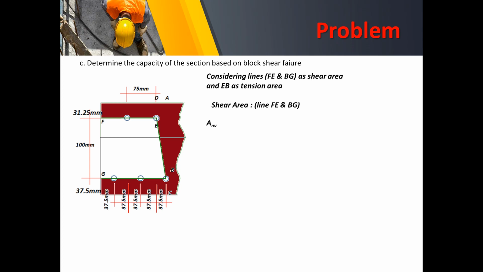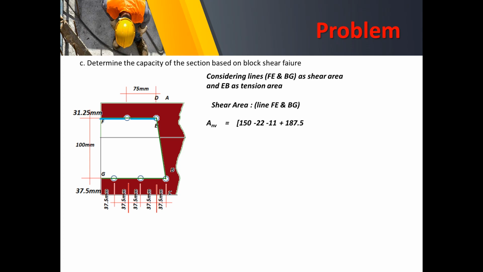So, the net shear area is equal to 150 minus 22 minus 11. This is actually calculating these blue lines here. Okay, 150, or 75 times 2 from F to E, minus 22 minus half of the diameter that is located at E. Okay, this is the line actually.